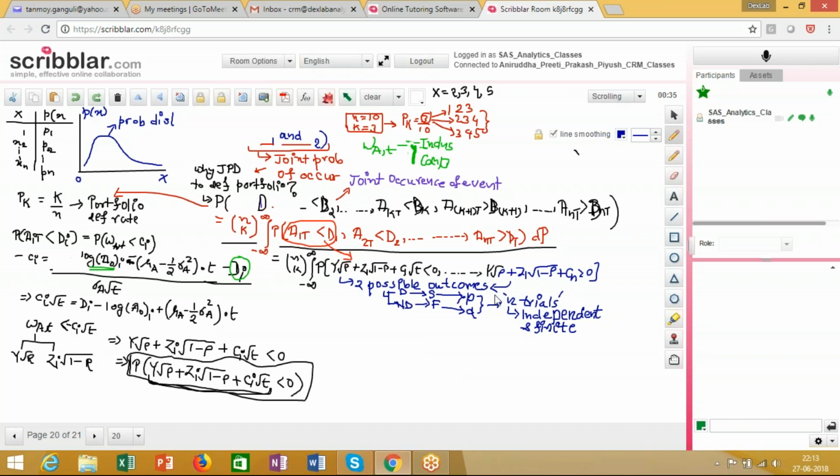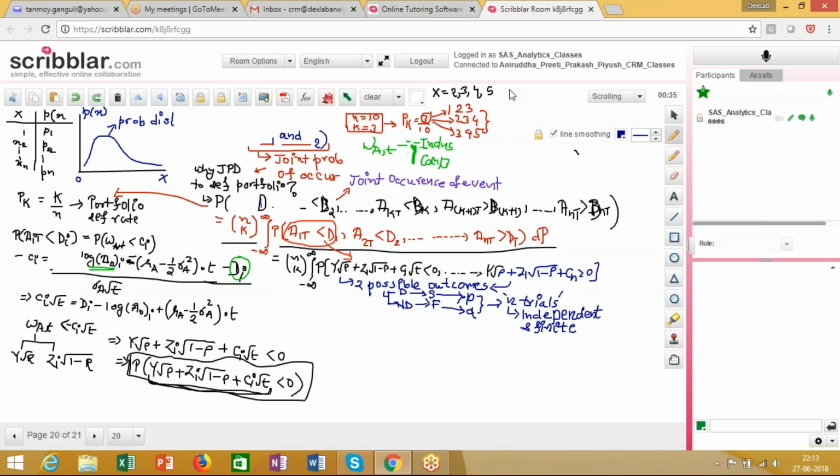Now coming to the next part. Over here, what we need to understand is that there are these two possible outcomes, success and failure, and in each trial, both can actually occur. And each of the trials are independent of each other.